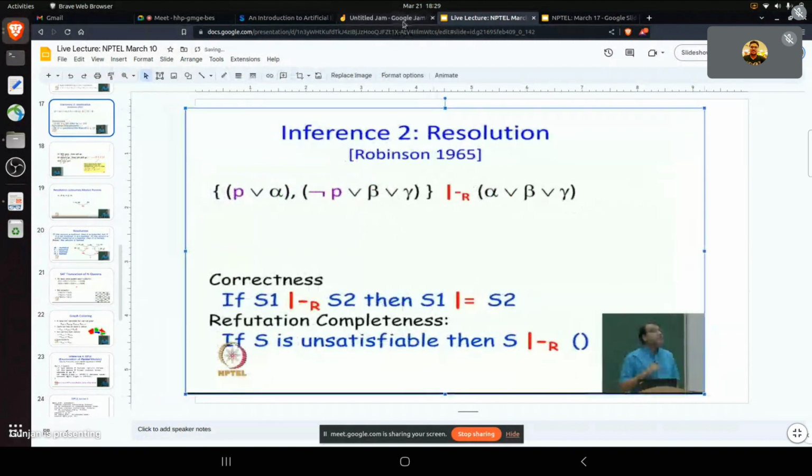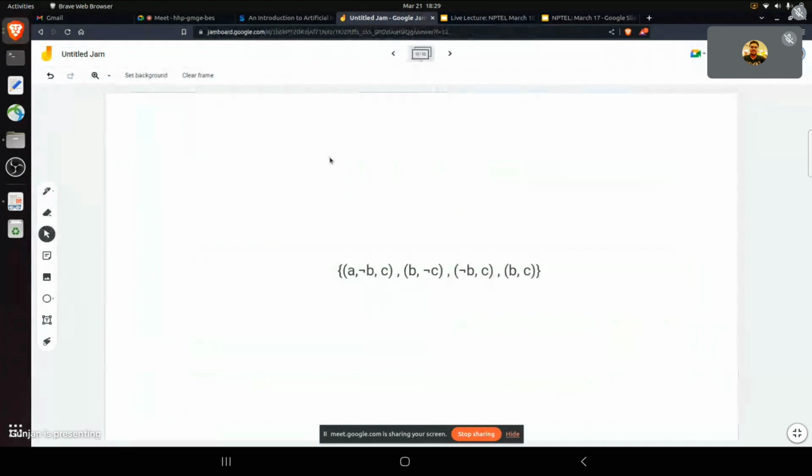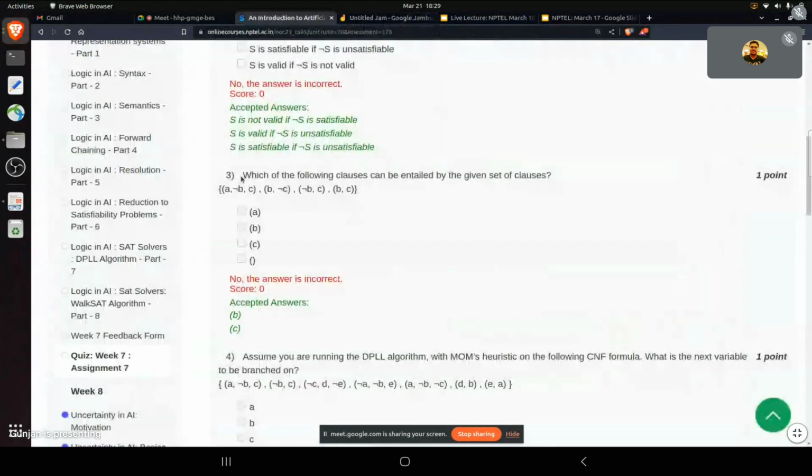Now you are given that these things are known, these things are true, right? That is what the question says. So if it is asking what is entailed, then you have to assume that these clauses are true, or that these clauses are known to you.